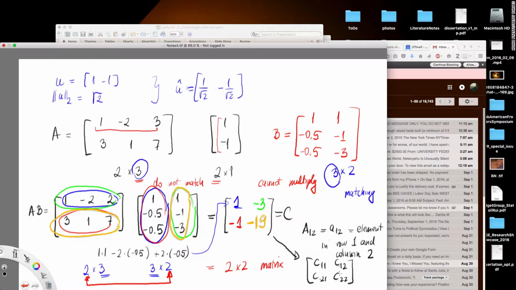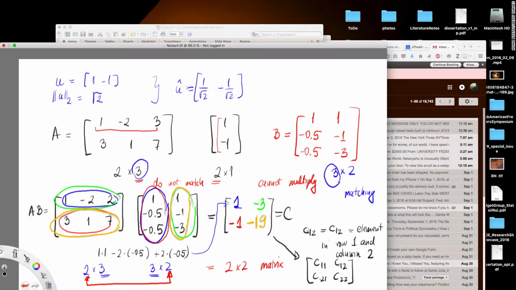So in general, I'm going to call that Cij, meaning row i, column j. So how do I actually get this C11 here?